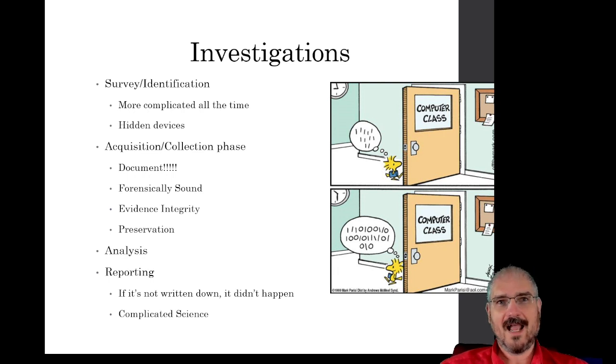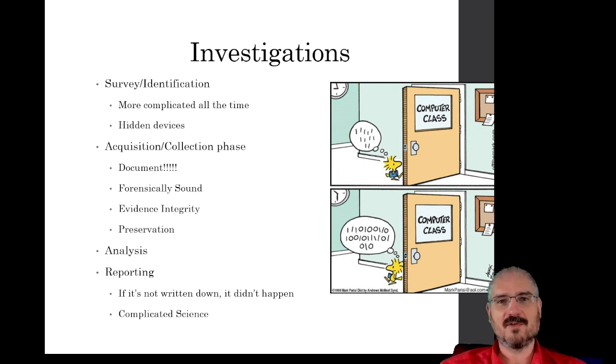Or anything that has the ability to connect to some outside source, whether that's through the cell phone network or Bluetooth or Wi-Fi. We need to make sure we preserve that evidence, not only in protecting it from static and fire and water damage and all those other things, but we need to protect it from the outside influence of radio waves and such.